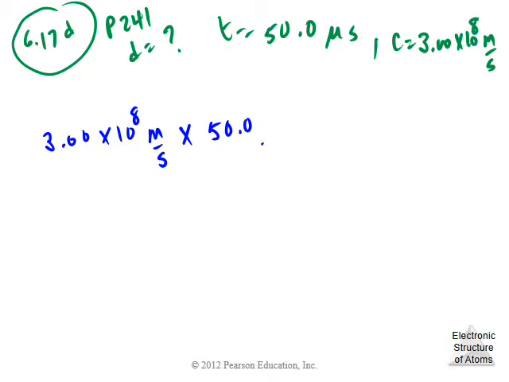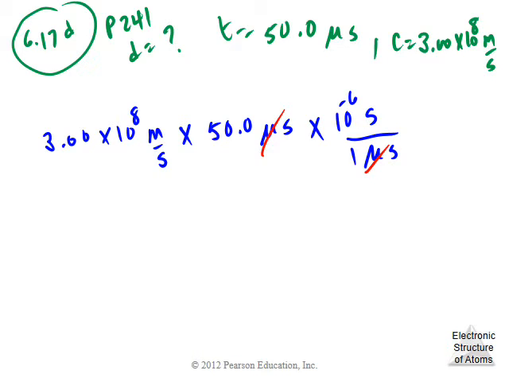50.0 microsecond. Remember, I need to change microsecond to second. 1 microsecond, again, micro is 10 to the negative 6, that's 10 to the negative 6 second. So now you can cancel out some of these units. Let's see what is left after canceling.